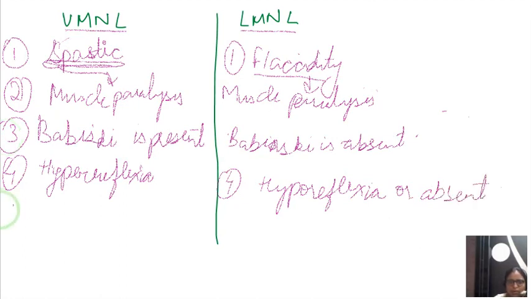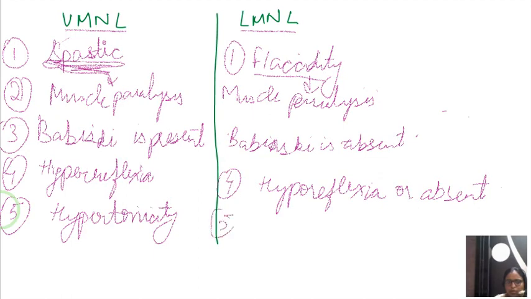Right? And another difference is, in the upper motor neuron lesion, if the patient is presenting as spastic, what will be the tone? Hypertone, so hypertonicity. And in the lower motor neuron lesion, it is hypotonicity, meaning tone will be less, or the tone will be absent.